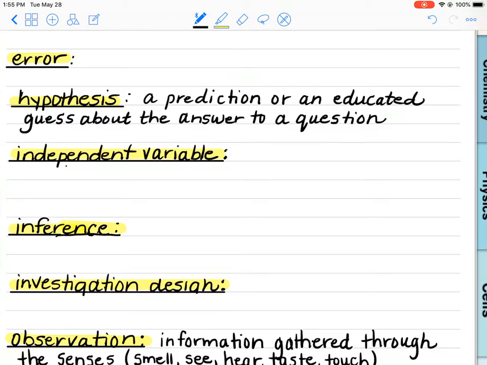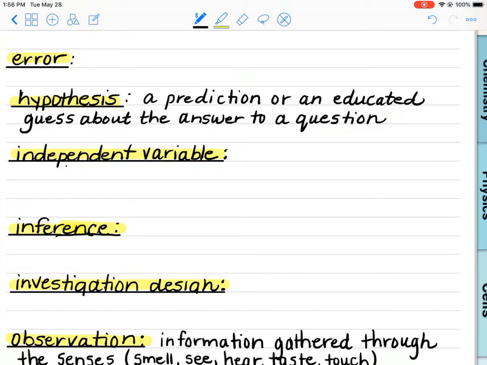That's a hypothesis. It's a prediction about the answer to a question. And hypotheses can be tested. That's the purpose of an experiment, is to test a hypothesis to determine if the prediction is supported or if it's refuted, if it's contradicted.